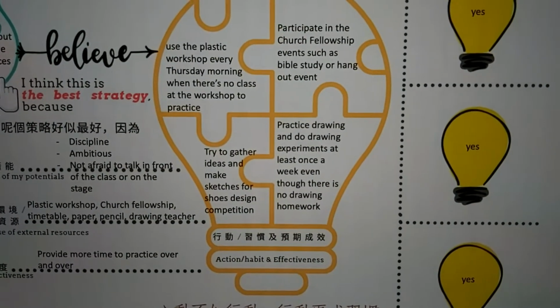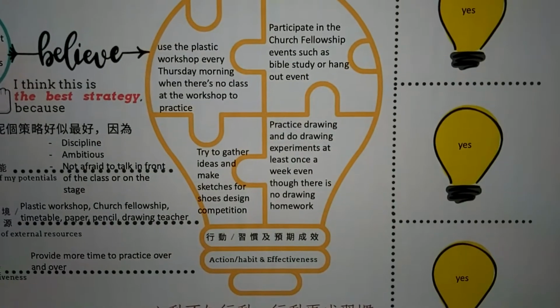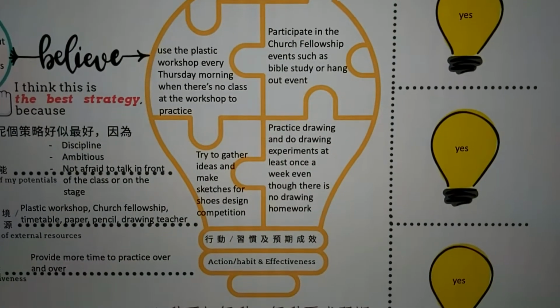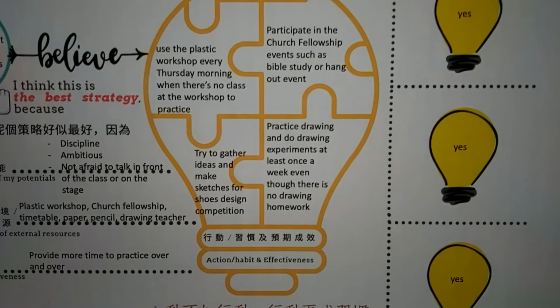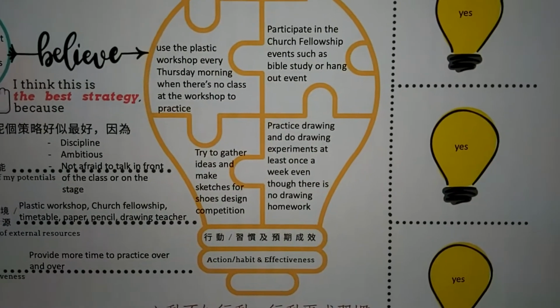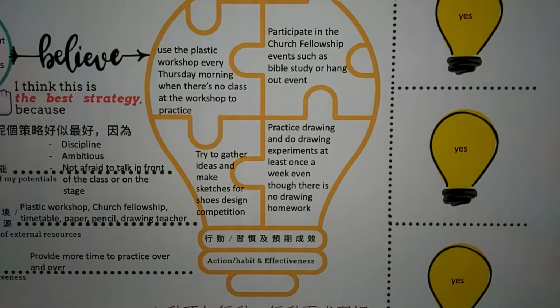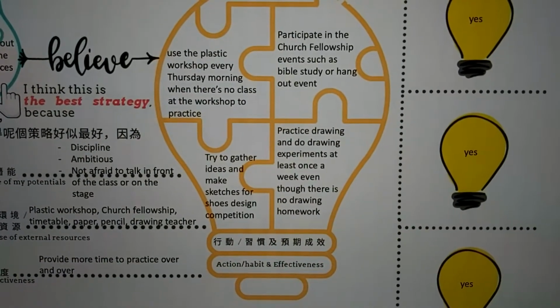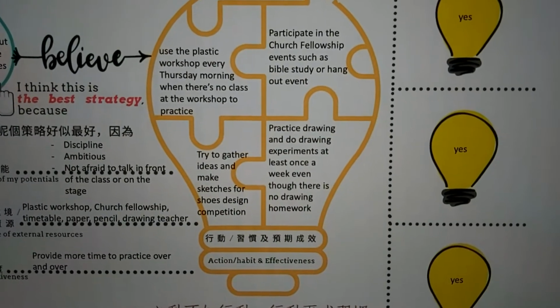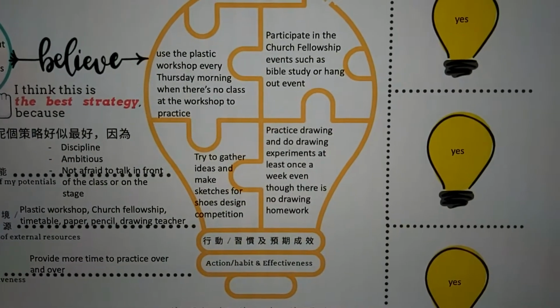And then I would like to participate in church fellowship events such as Bible study or hangout events. They also have hangout or bonding events where you go eat together and then talk to build your bonds with each other.